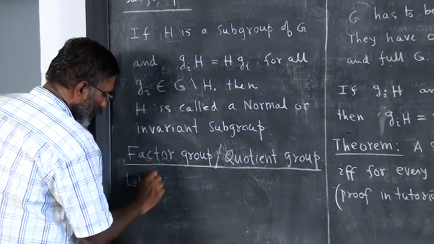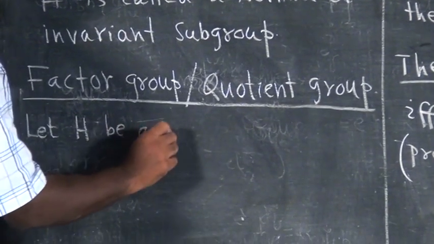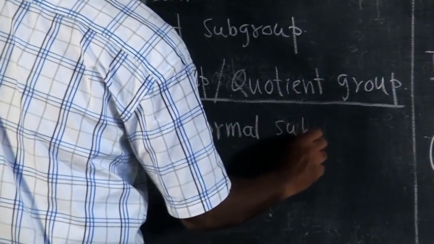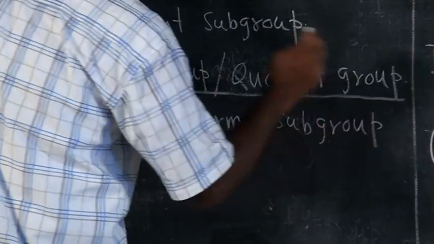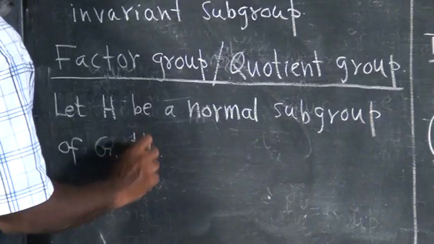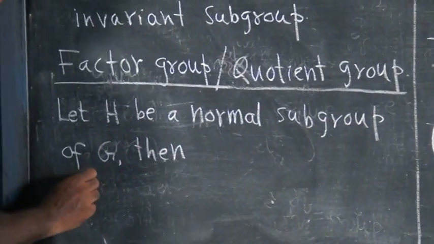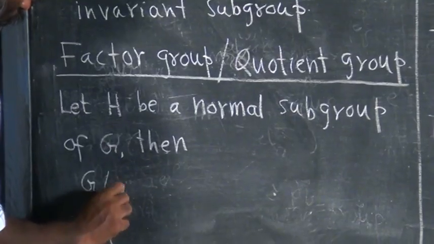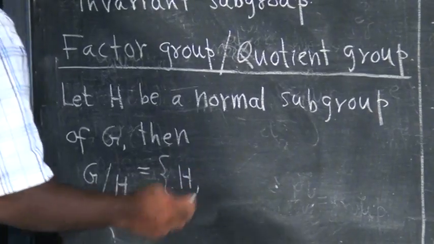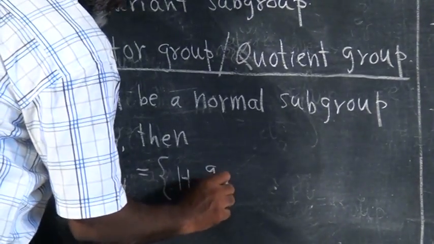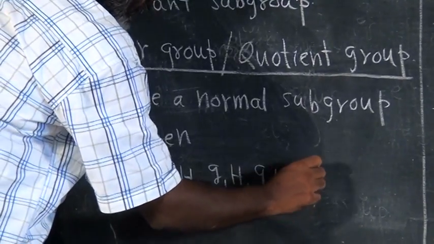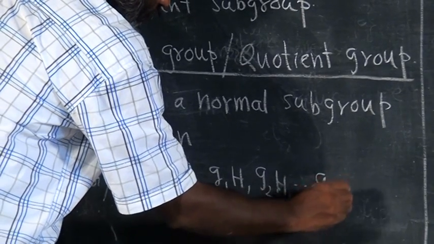Let H be a normal subgroup of G, then we define G quotient H as equal to H, g1H, g2H, etc., up to gmH.